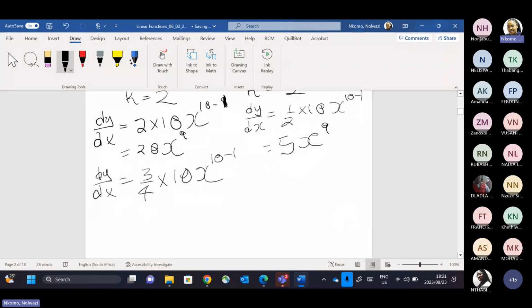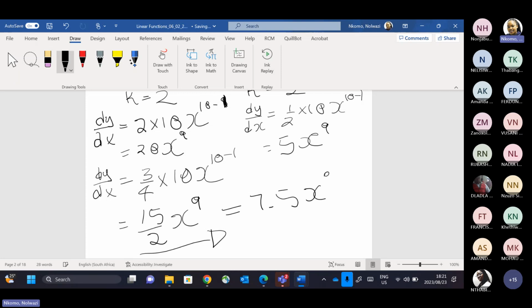If you simplify this further, you have 5 here, so this means you'll have 15/2 x to the power 9. You can leave it like this, or you can leave it as 7.5 x to the power 9. It's up to you, because you are writing a multiple choice. If there is this as part of the option, this won't be there, and if there is this one, then this one won't be there. Just choose the one that you see there.